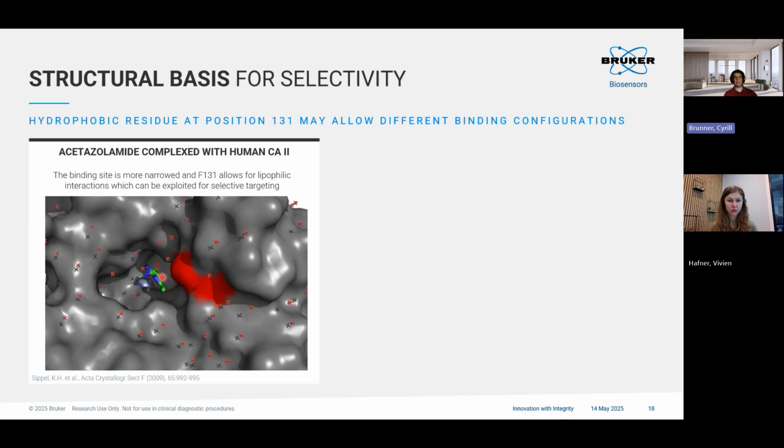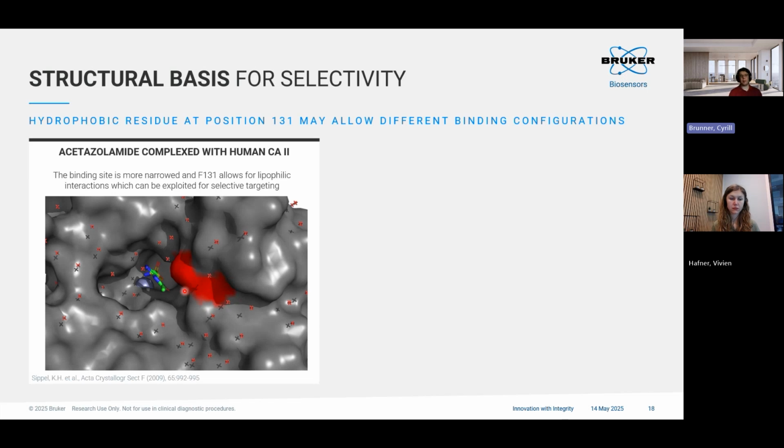Here, the acetazolamide, the sulfonamide is complexed with the zinc ion that you see here in the center, complexed again also then by histidine. So that's the actual binding site. That's the same for all of the carbonic anhydrases. There are very small differences between them. The differences actually do not occur here at the central binding moiety, so the zinc ion, but around it. And a specific difference is highlighted here in red.